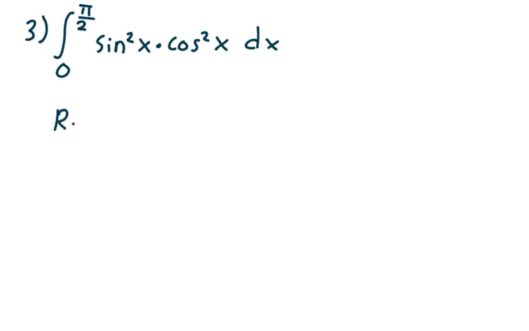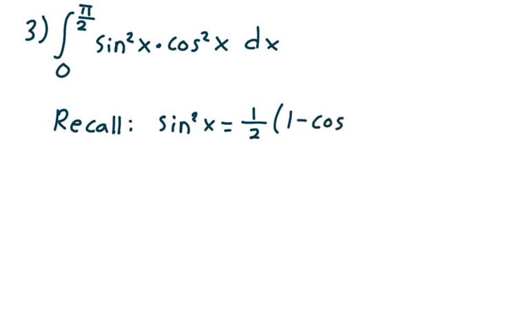Now, recall, sine squared x is 1/2 of 1 minus cosine 2x. And cosine squared x is 1/2 of 1 plus cosine 2x.